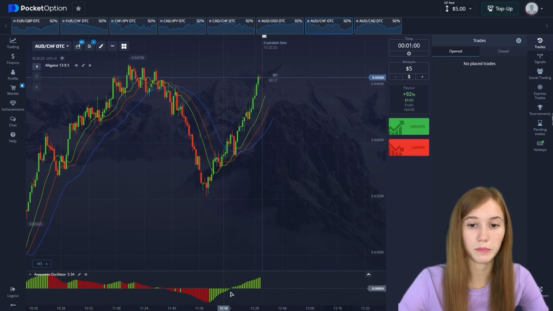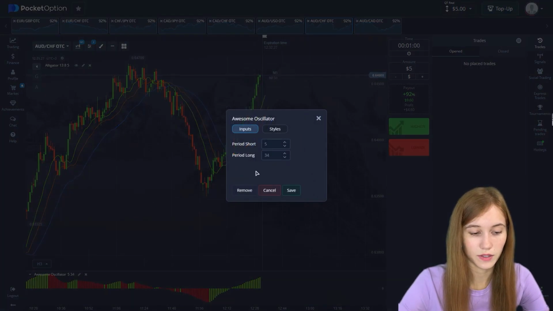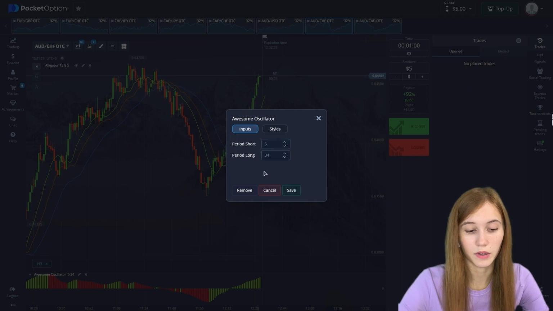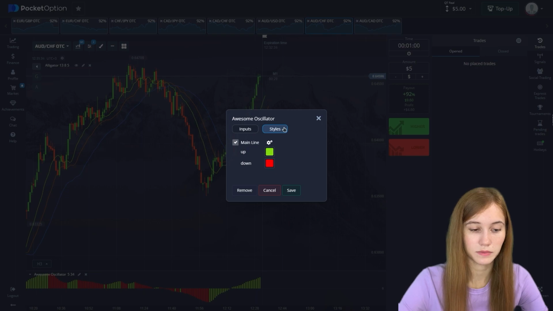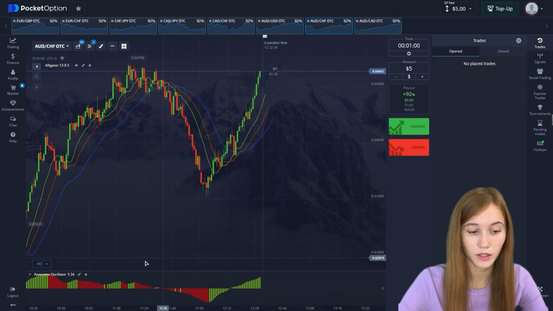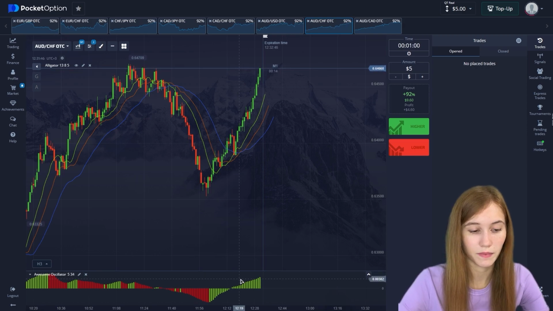It's very important. And the second indicator, the oscillator, is located at the bottom of the screen. Its settings, I won't show for long. This indicator mirrors the mood of our market. It shows what the market is at the moment.